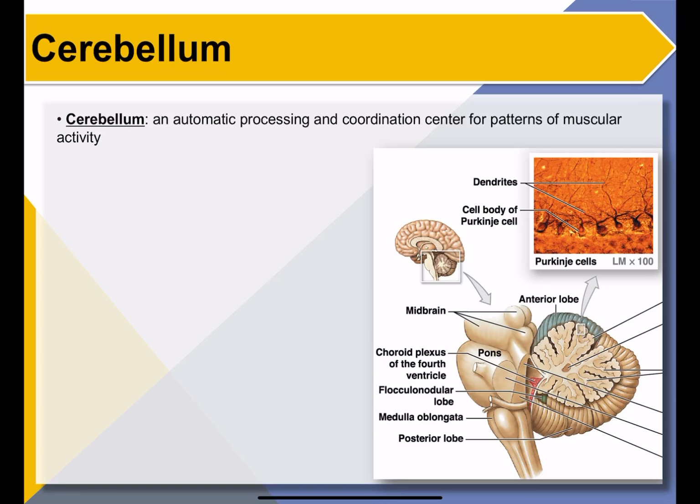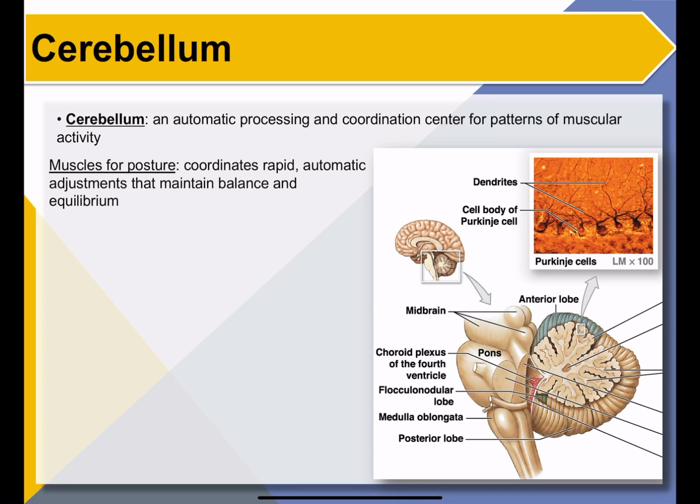Okay, so the cerebellum, as we have mentioned, is in charge of processing and coordinating muscular activities and then turning them into a learned pattern automatically. So we can do the same skill over and over again without really forgetting everything about it. For example, when we are still babies learning how to stand up straight and walk, our cerebellum is learning what it takes for our muscles to maintain that upright stance posture.